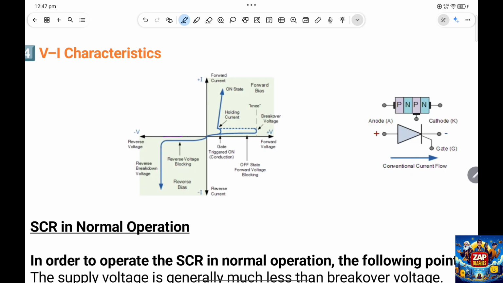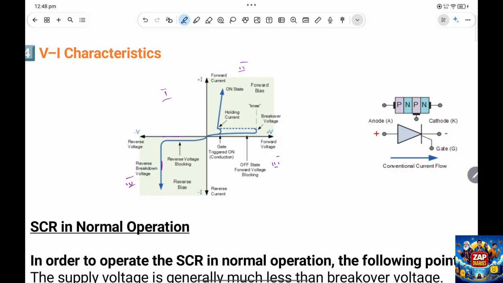Now we're looking at this horizontal line in the fourth quadrant. What we observe is the off state.